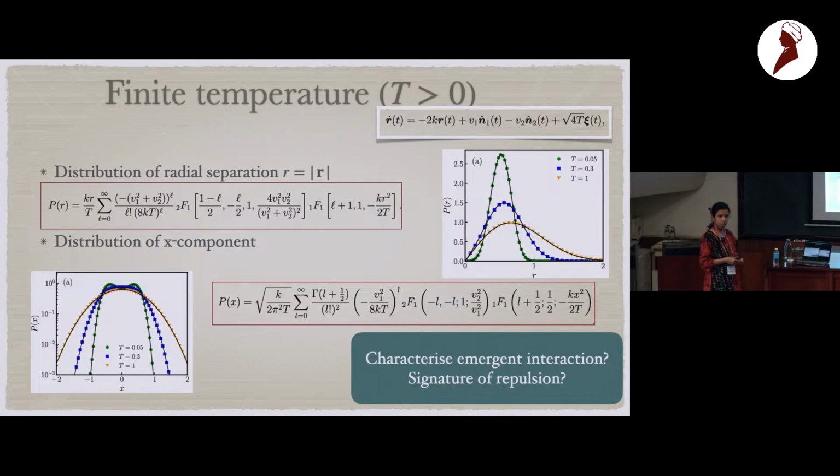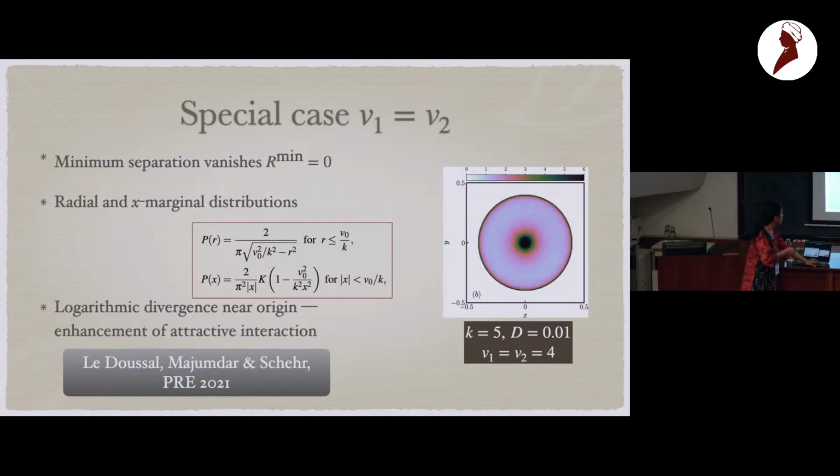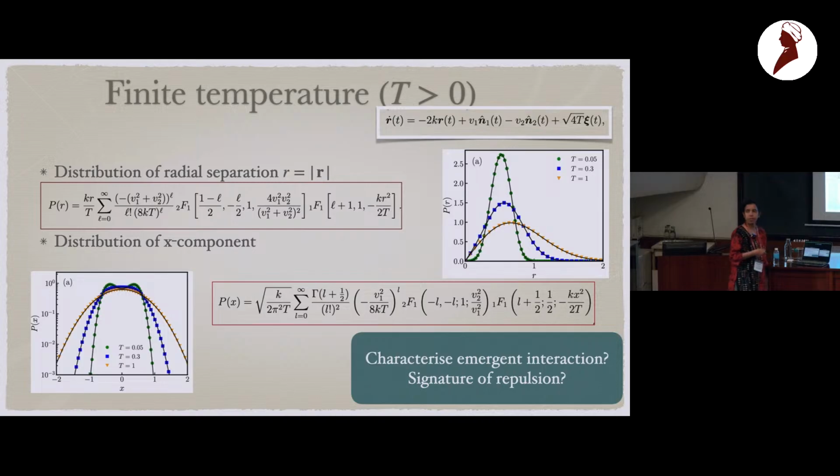But in the previous one you showed... So this is for V1 equal to V2, and in that case there is an enhanced attraction. That is compatible with what we have seen so far. So this here is a larger peak. The previous case was only with orientation diffusion, no translational diffusion. Temperature is 0. So now we are going to the case where temperature is finite, and we are asking whether the repulsion survives.